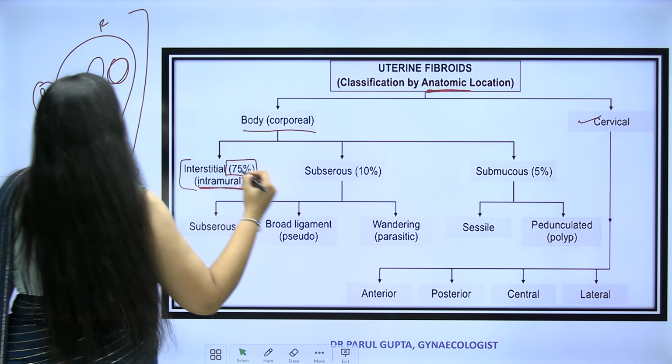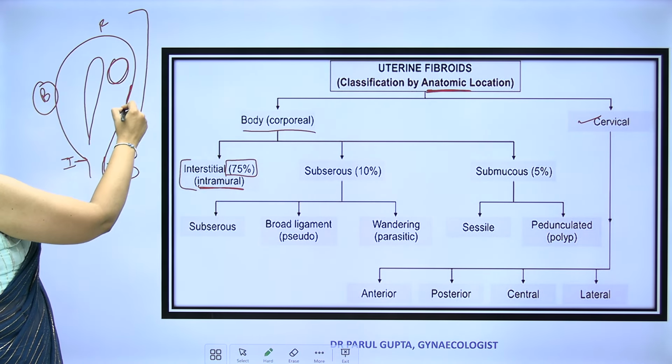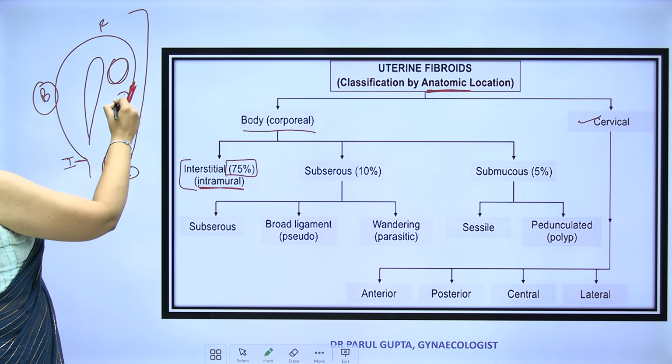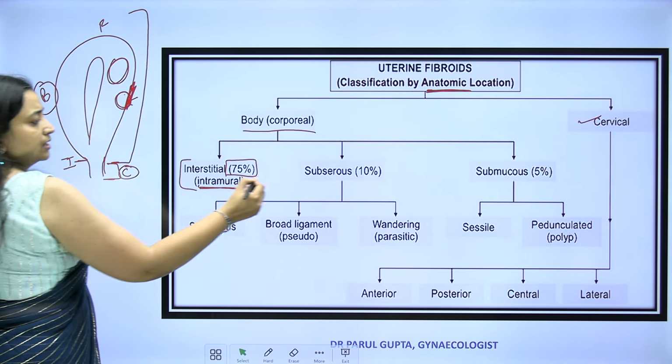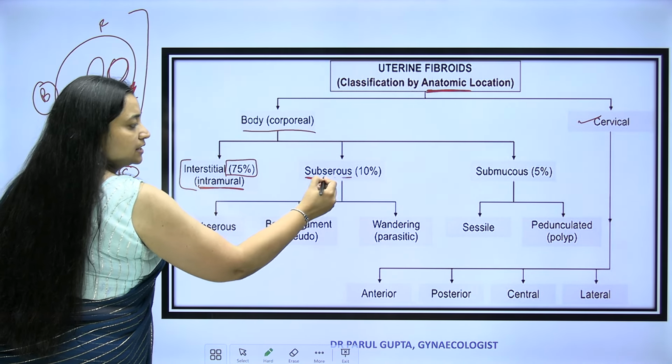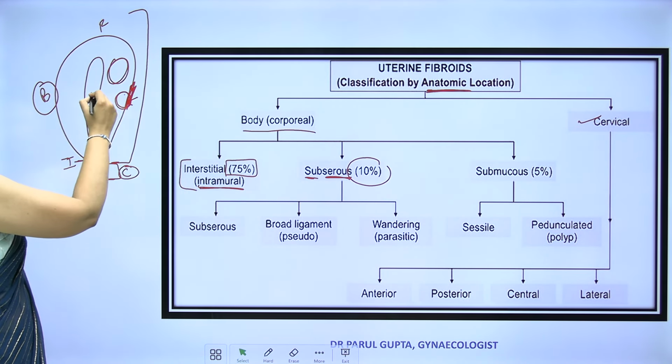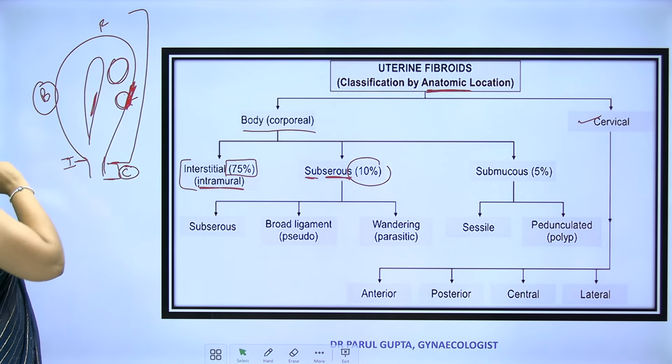Subserous fibroid, what does that mean? I told you that this is the serosa. The external layer is the serosa. So any fibroid which is located here just beneath the serosa is subserous, and it is only 10%. And the endometrium is also called the mucosa.